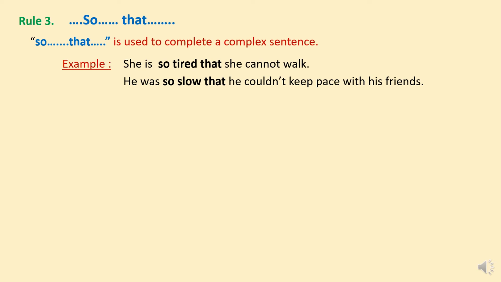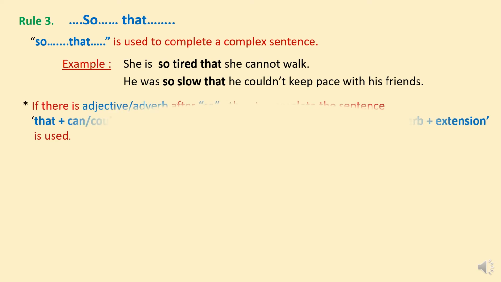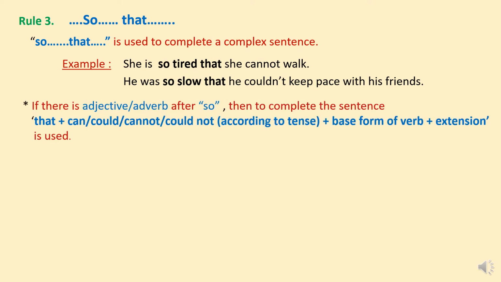So students, if there is adjective or adverb after so, then to complete the sentence, that plus can or could or cannot or could not, according to tense of course, plus base form of verb plus extension is to be used.